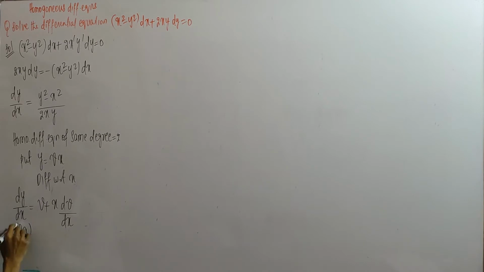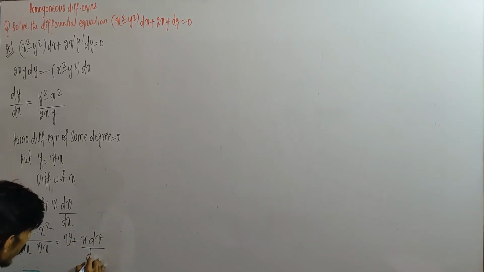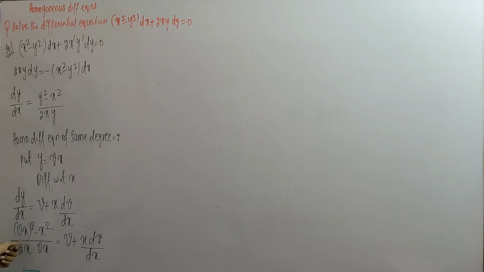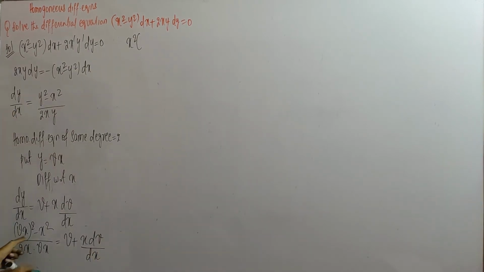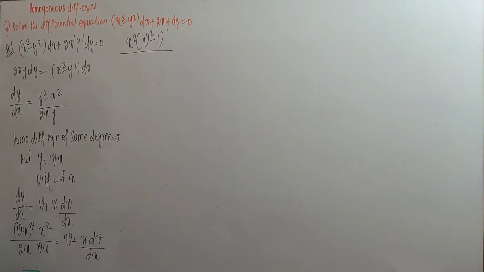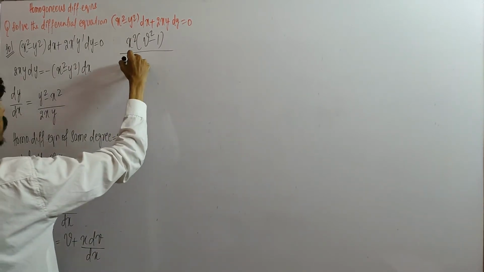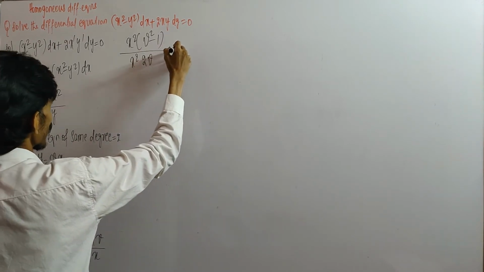Here we have (vx) square minus x square upon 2x into y, y value is vx, equal to v plus x dv by dx. Now take x square common from numerator. We have (v square minus 1) upon x square common. So here I have 2 into v, 2v.